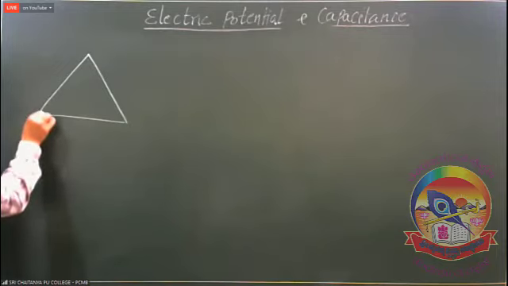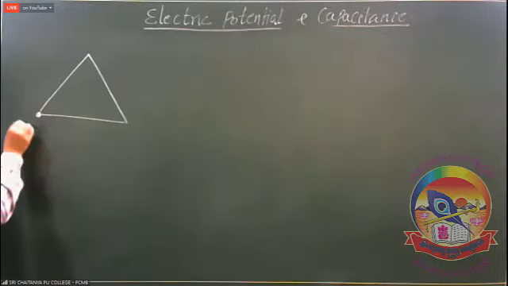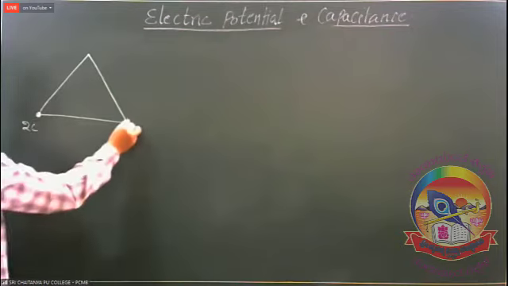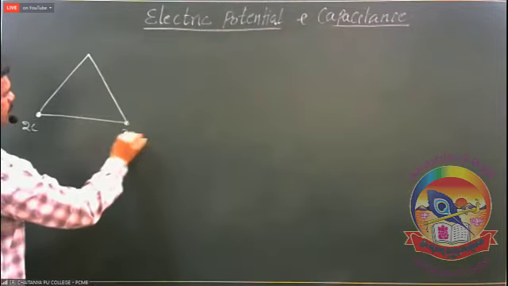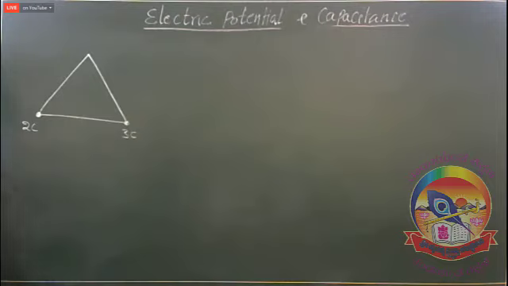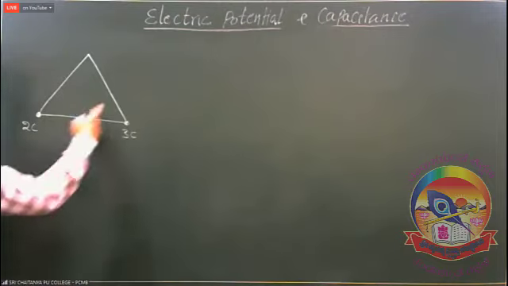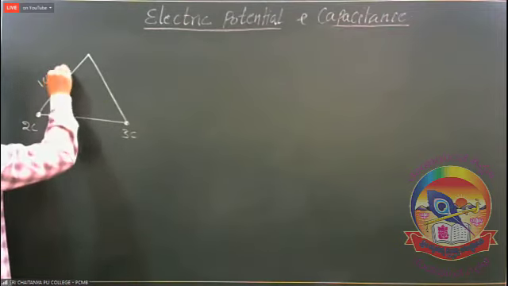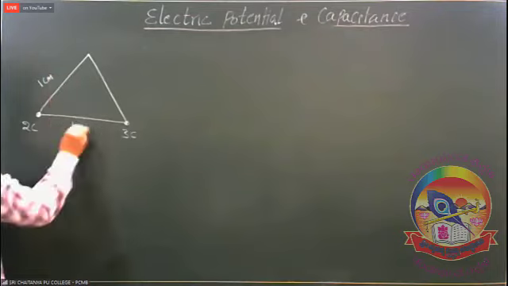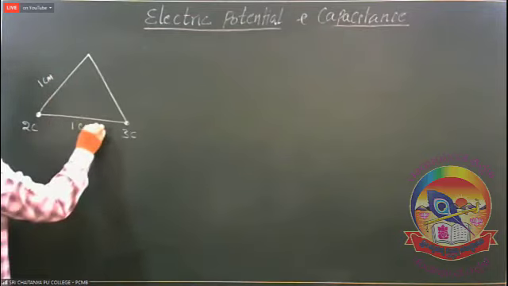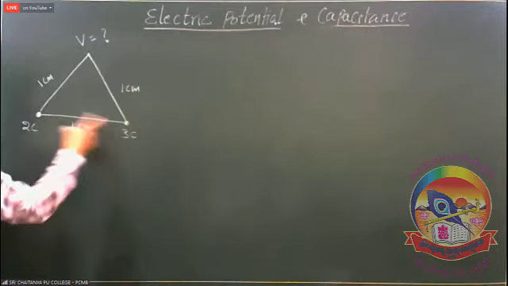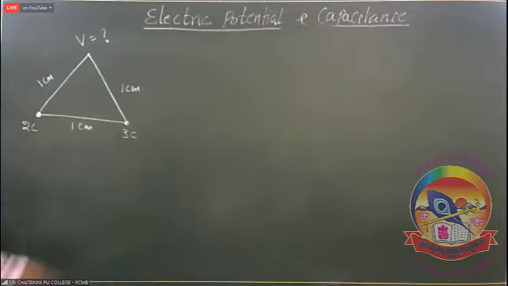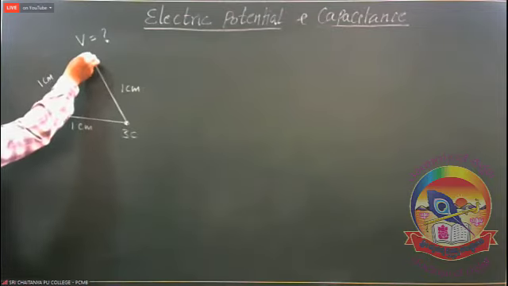Here I placed a charge of 2 coulomb, and here a charge of 3 coulomb. The side length, let us say, is 1 centimeter. Due to these two charges, what is the net potential at this point?